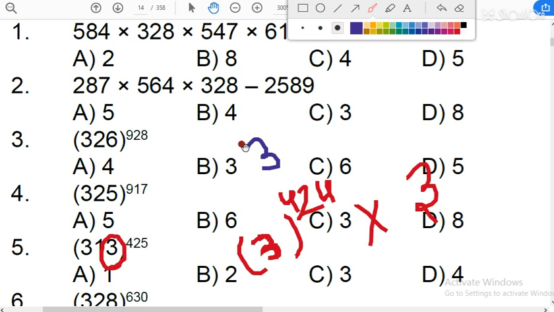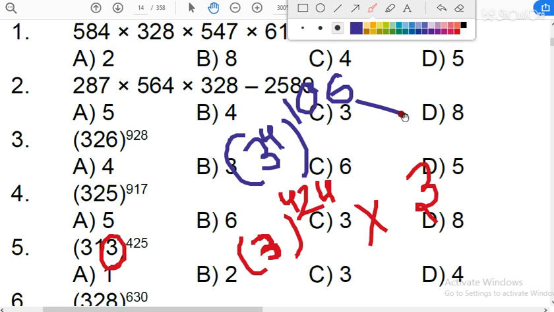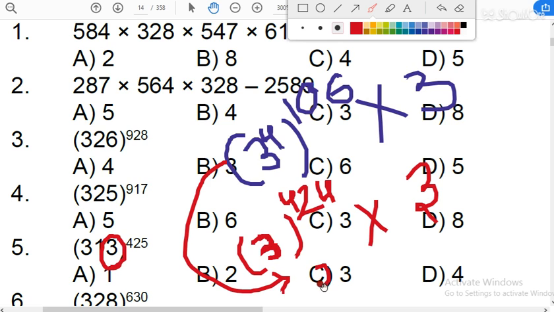Now I can write 3 raised to the power 424 as 3 raised to the power 4, into 106. 3 raised to the power 4, raised to the power 106, multiplied by 3. Now students, I am writing its next step here. Now 3 raised to the power 4 is 81.